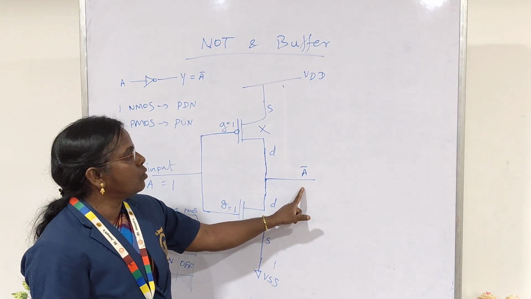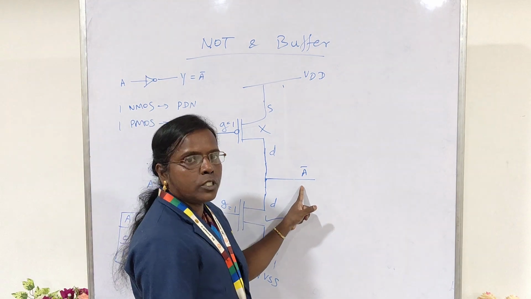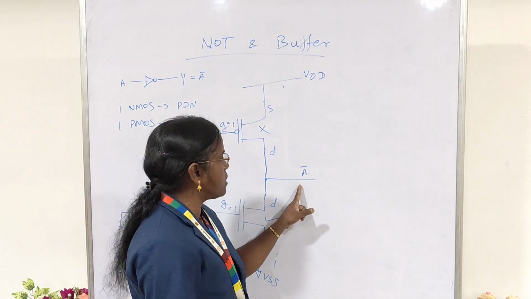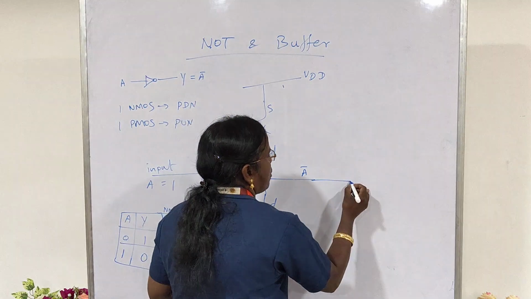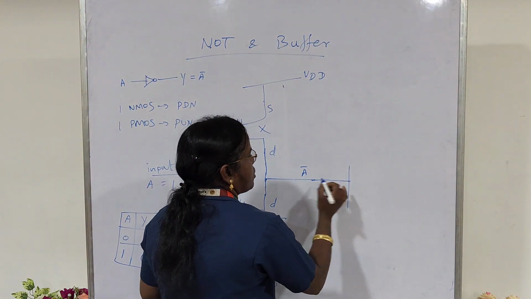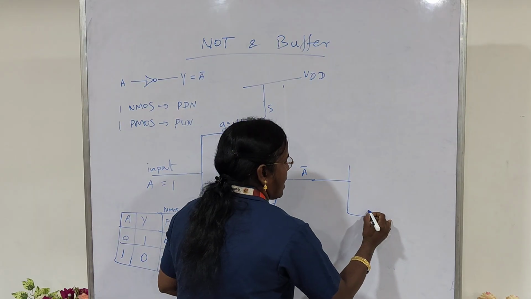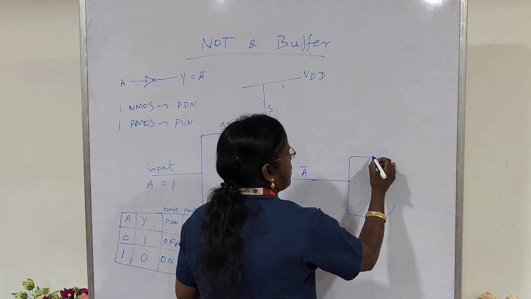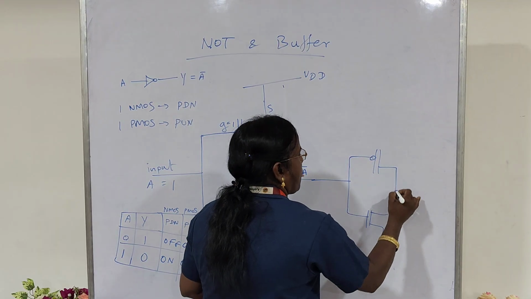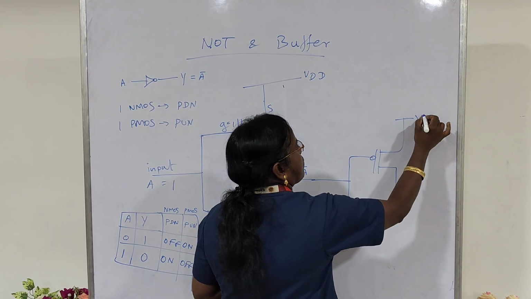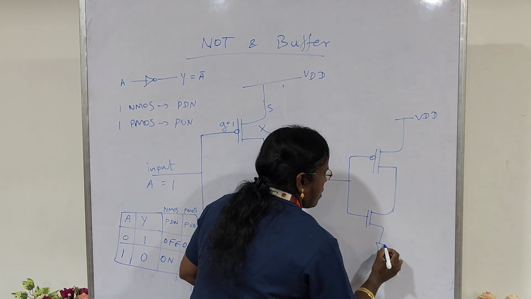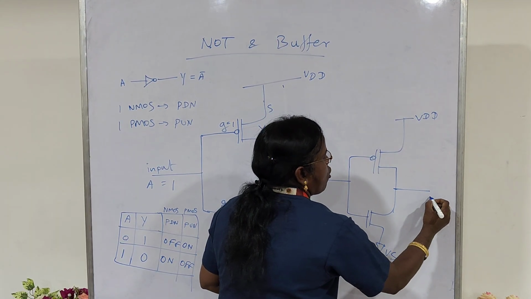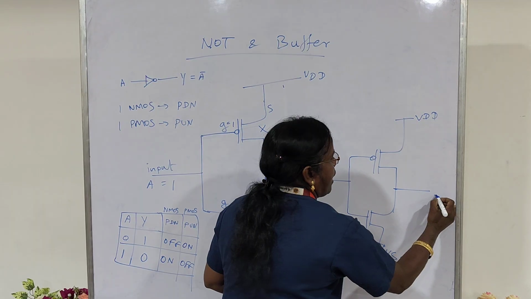So to get the output following the input, we have to connect one more inverter here. This information can be given as an input to another inverter that will complement this circuit function. So this is the output, where the output is equal to A double bar.